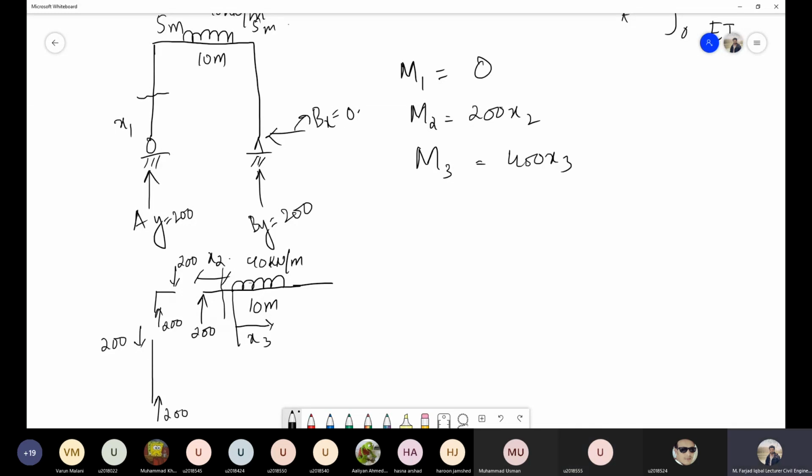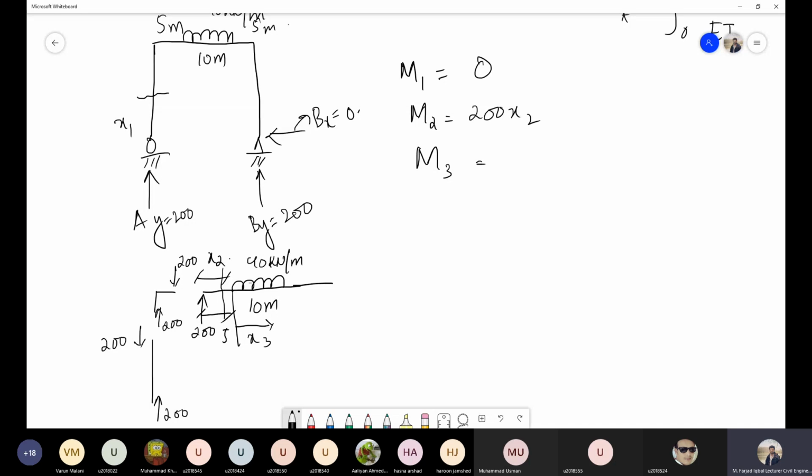Daniel is saying that it should be 400 into x3. Do we need to consider some other force as well? Sir, the load that is being transferred has distance 0, so I did not count it. This 200, this distance is 5. This is x3.